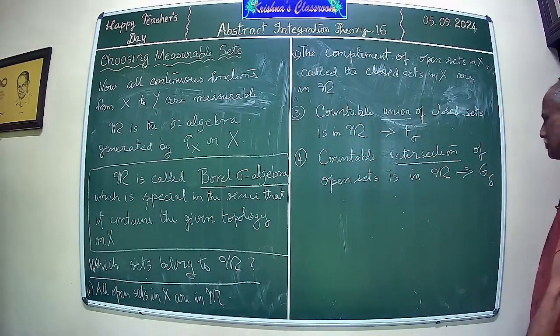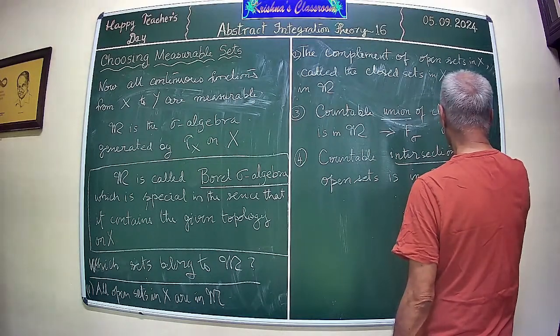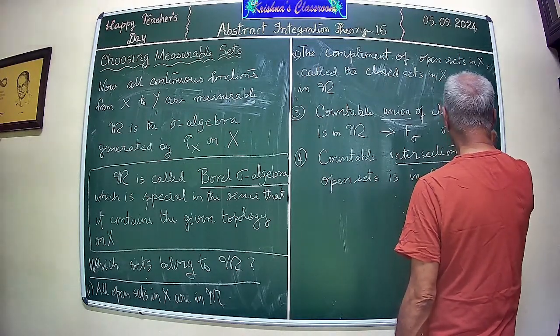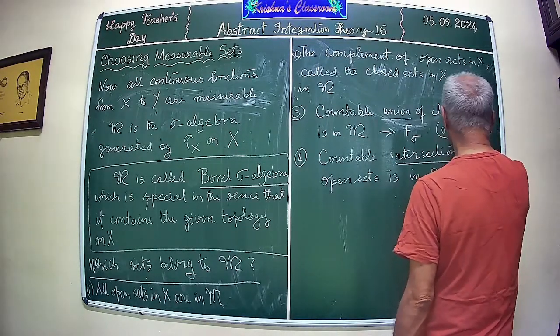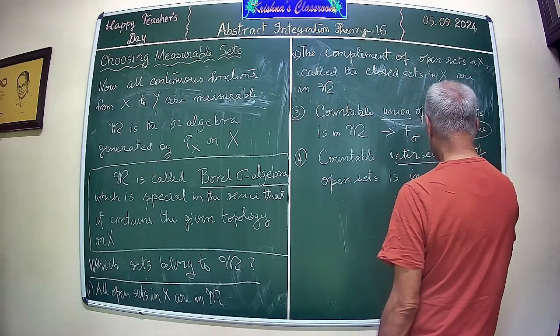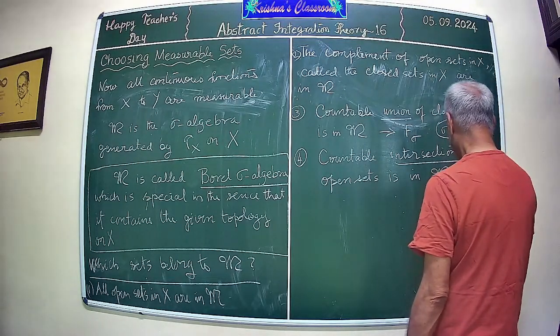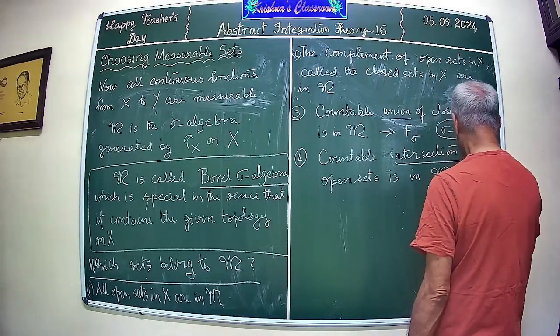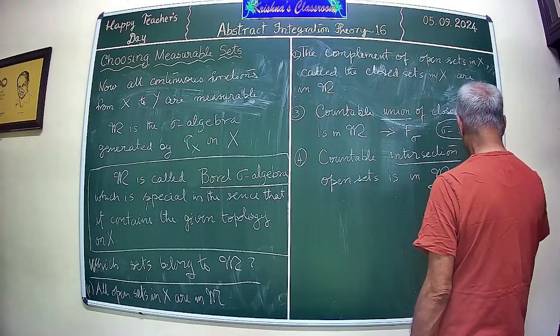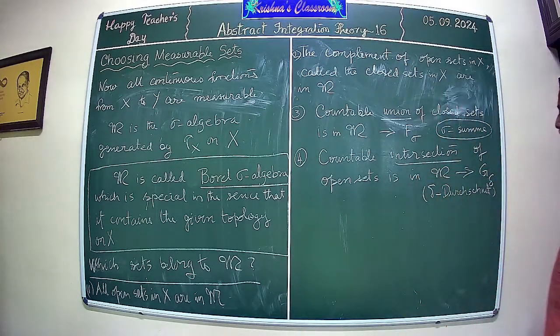So sigma stands for summation, and delta stands for Durchschnitt, that is the intersection.